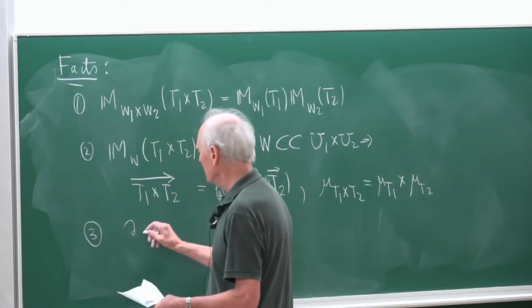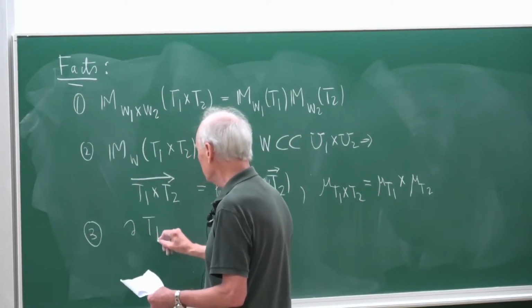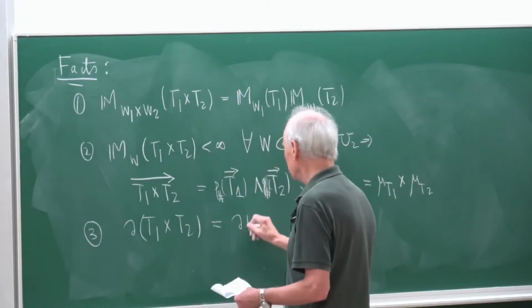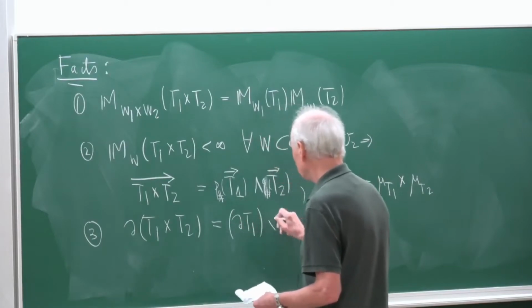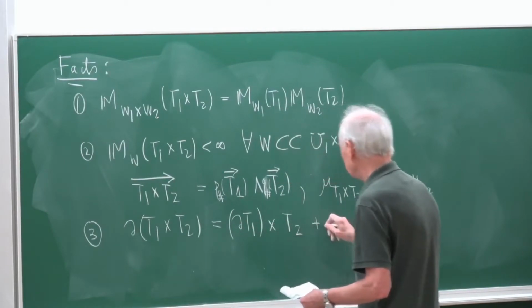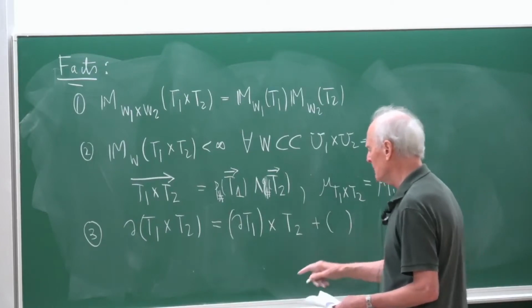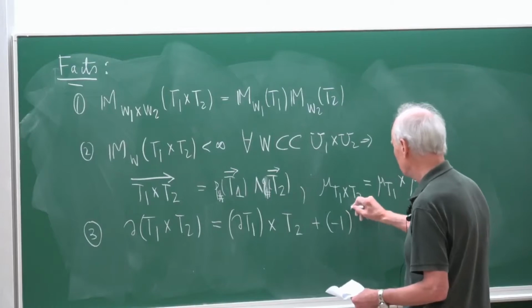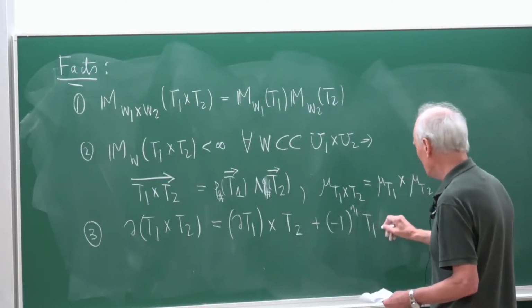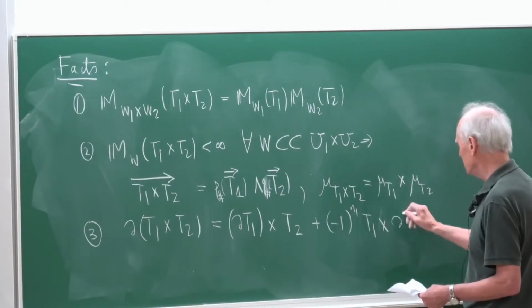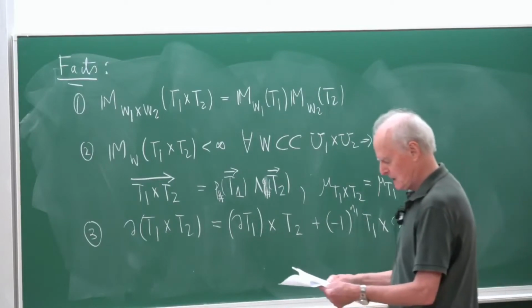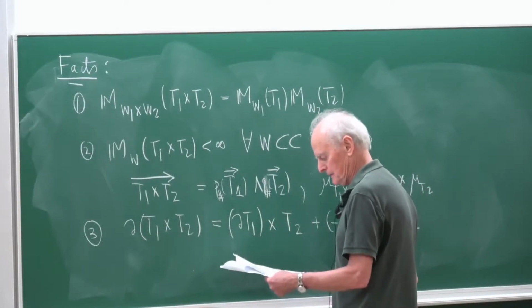Third, the boundary of T1 cross T2 is just the boundary of T1 cross T2 plus, now you've got to be careful of a sign here, (-1)^{n1} T1 cross the boundary of T2, like that. And yeah, I think that's enough of those for the moment.